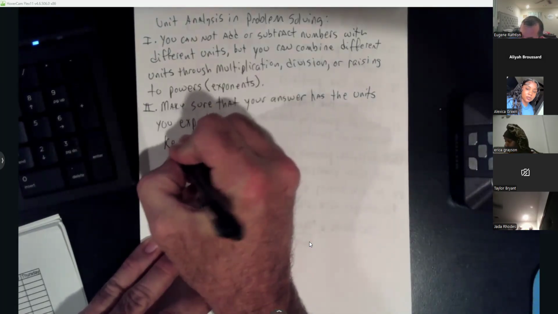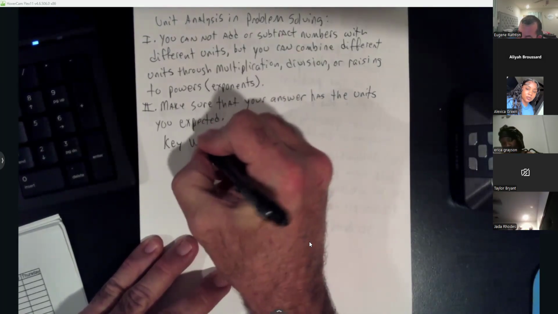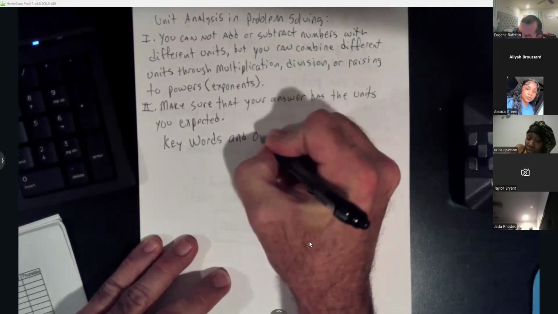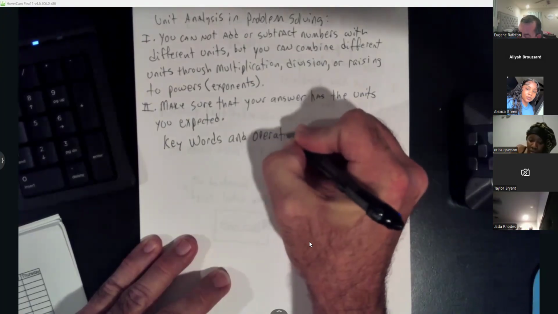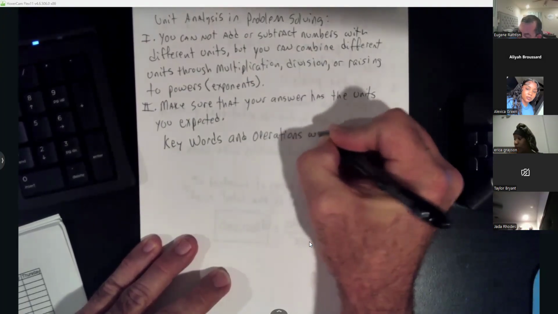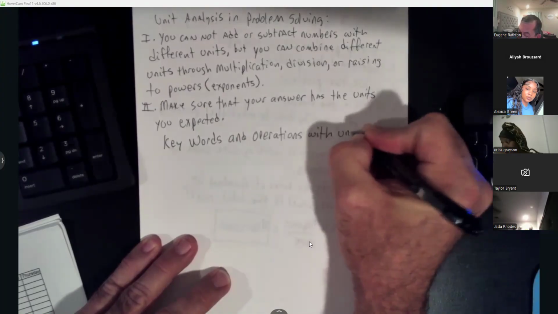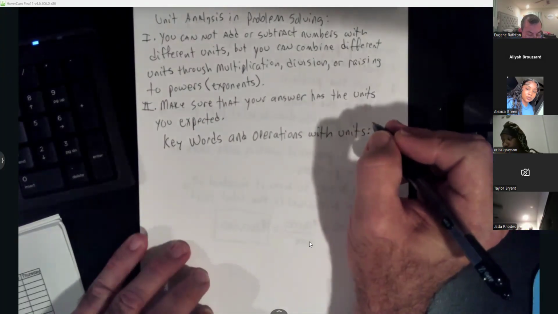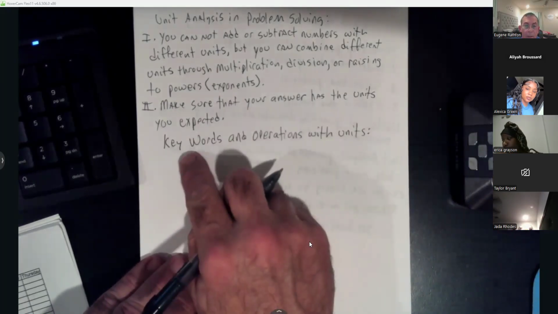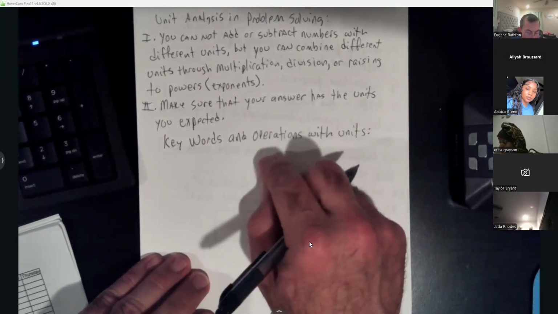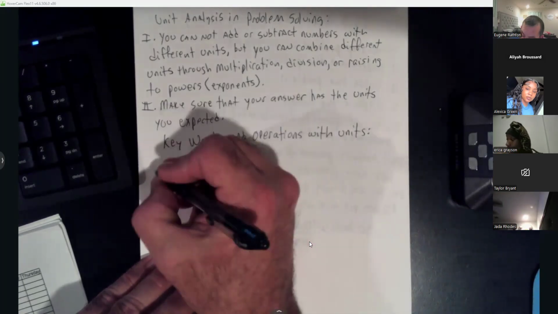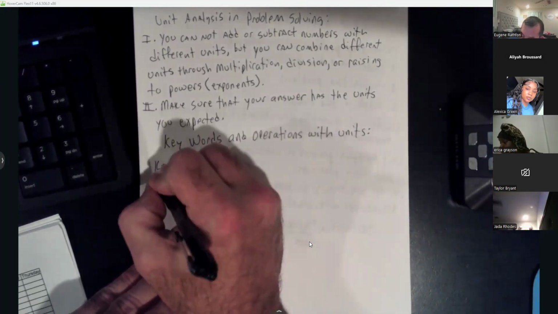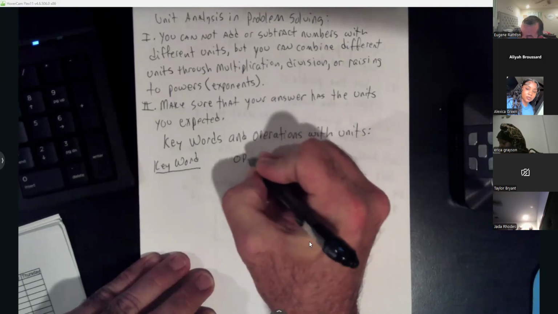All right, y'all. So next, we're going to look at some key words and operations with units. So I'll write the word, what its operation means, okay? So the key word and then its operation.